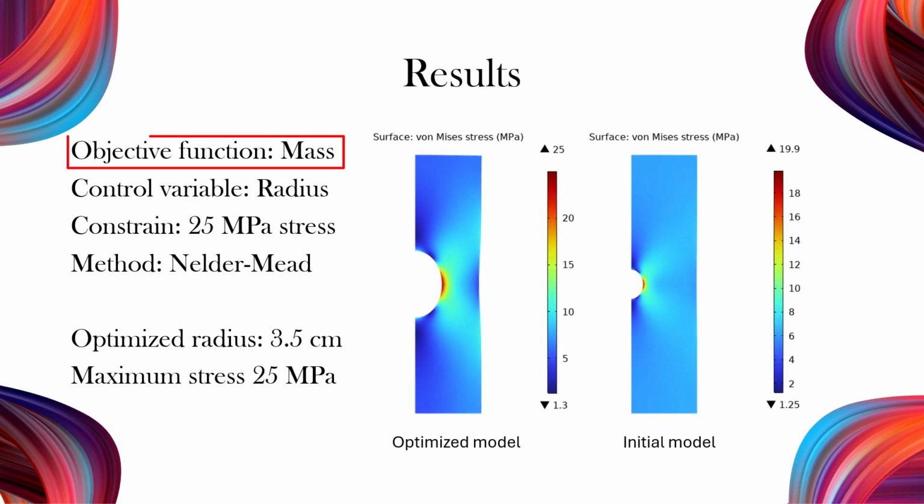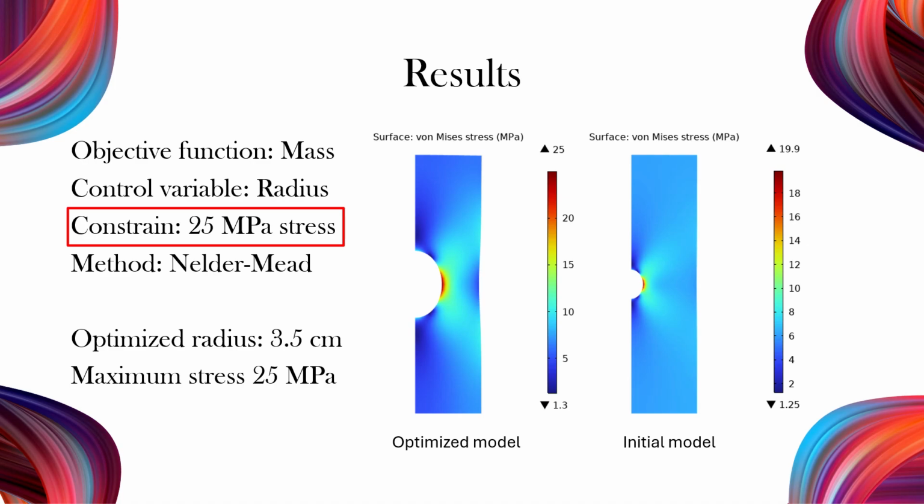The objective function is mass, which we want to minimize. As the hole radius increases, the mass decreases. Therefore, the radius of the circle is used as the control variable. The maximum allowable stress is limited to 25 megapascals, so this value is defined as a constraint.